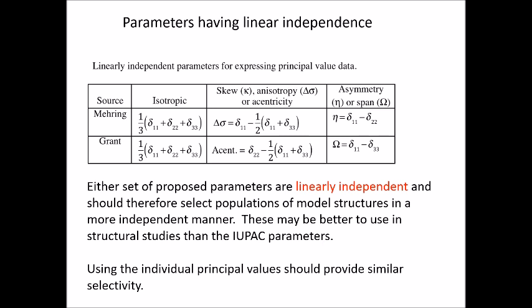I think they would be better than the IUPAC parameters for reasons I'll talk about on the next slide. If we use the individual principal values, just δ11, δ22, and δ33, they should behave similarly. So I don't know if there's any advantage using this way over the principal values, but if you want to use linear combinations, these are two ways that have this nice behavior of linear independence.